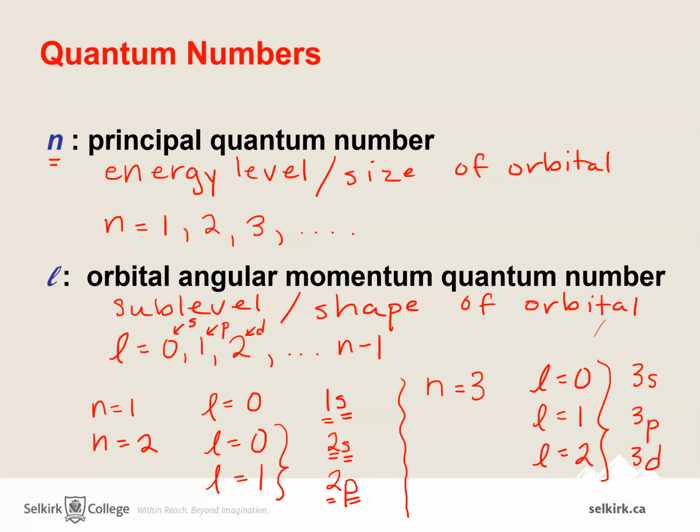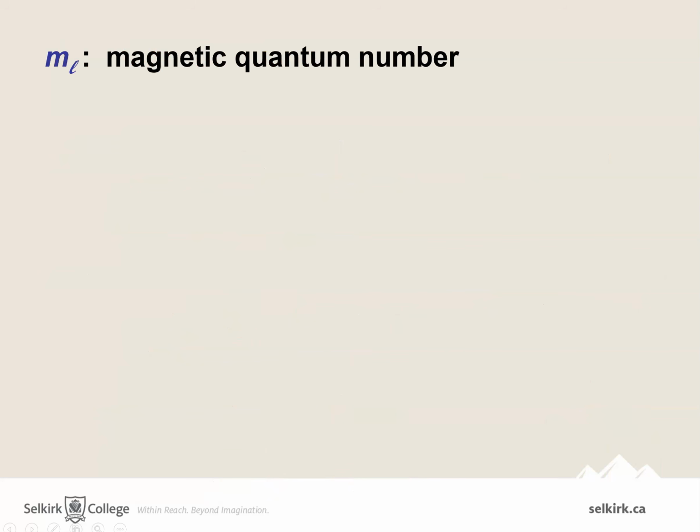Okay, 2 different quantum numbers gets us down to the sublevel. But some sublevels have more than one orbital in it. So to uniquely identify a particular orbital, we're going to need a third quantum number to identify which orbital in the sublevel we're talking about. And that number is called the magnetic quantum number.